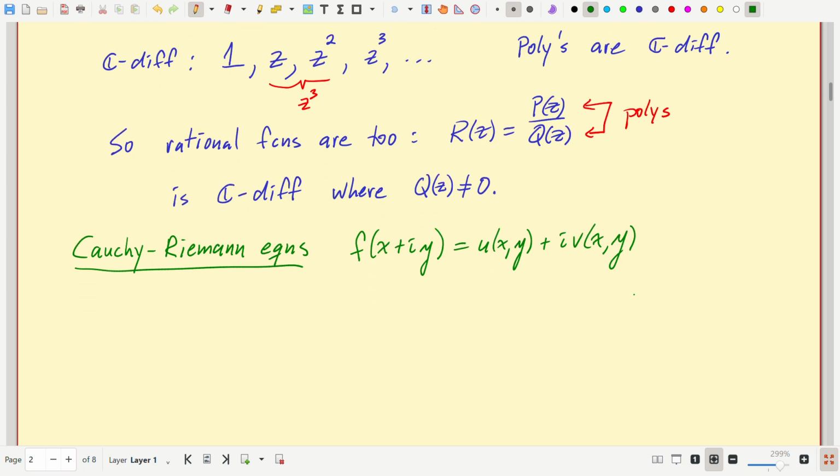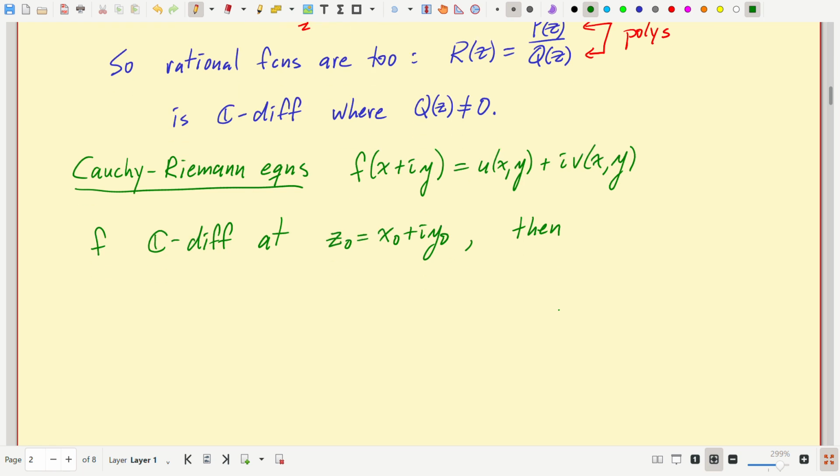then the fact is, if f is complex differentiable at, let's write z naught equals x naught plus i y naught, then those u's and v's have to satisfy a special relationship.